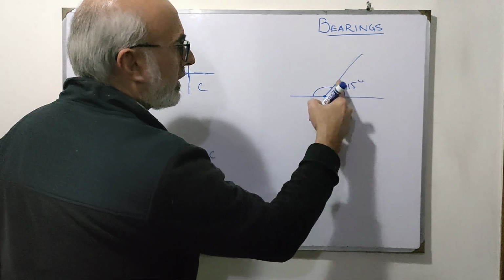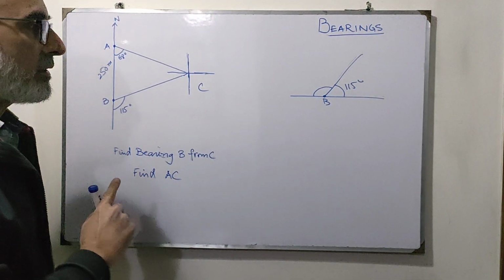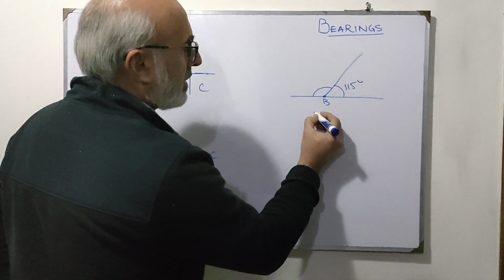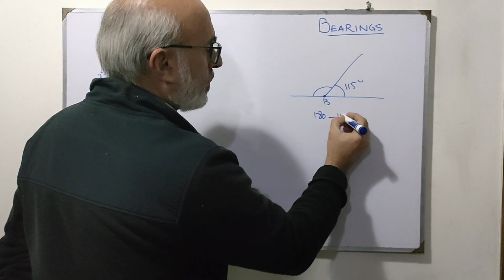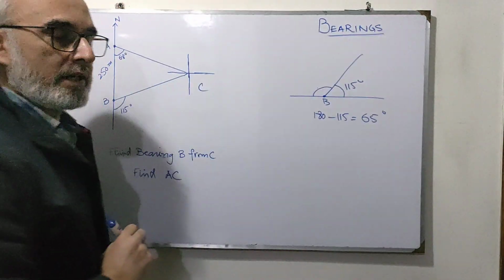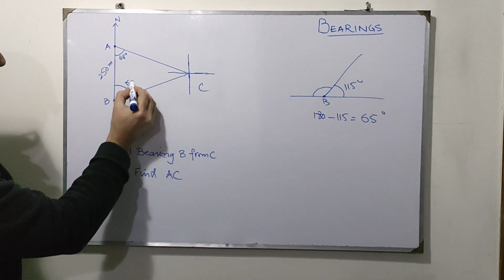This angle and this angle are adjacent, and these are supplementary angles. So it means 180 minus 115, which is 65 degrees. So this angle is 65 degrees.